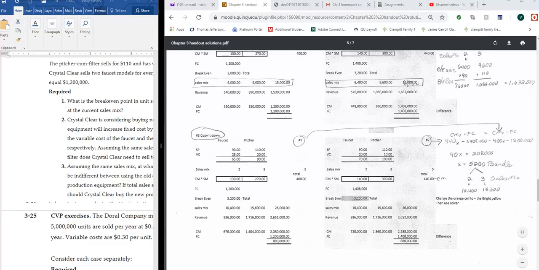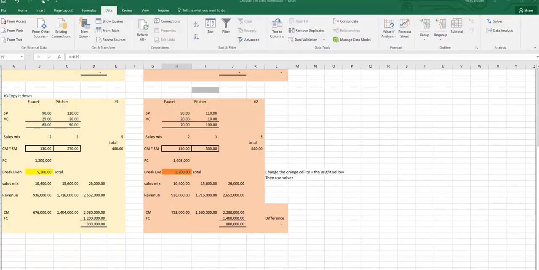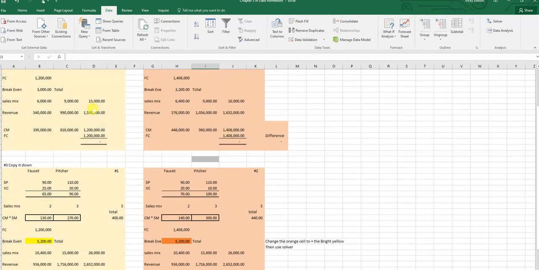Here I just brought up the actual Excel one. Notice this is the orange, so this cell, you look up here, it's plus B39, so that one's pulling off of that. And all I've done is copied this one down here, this one down here.